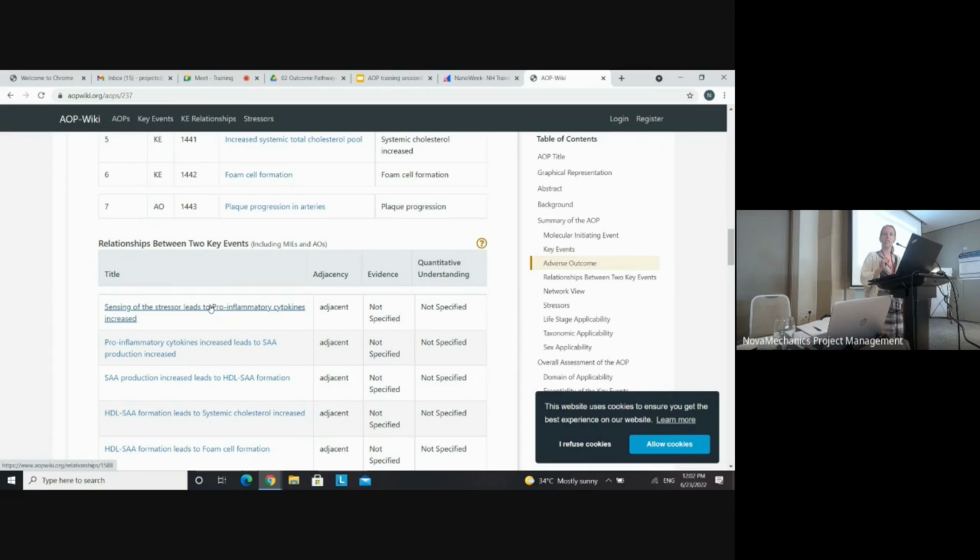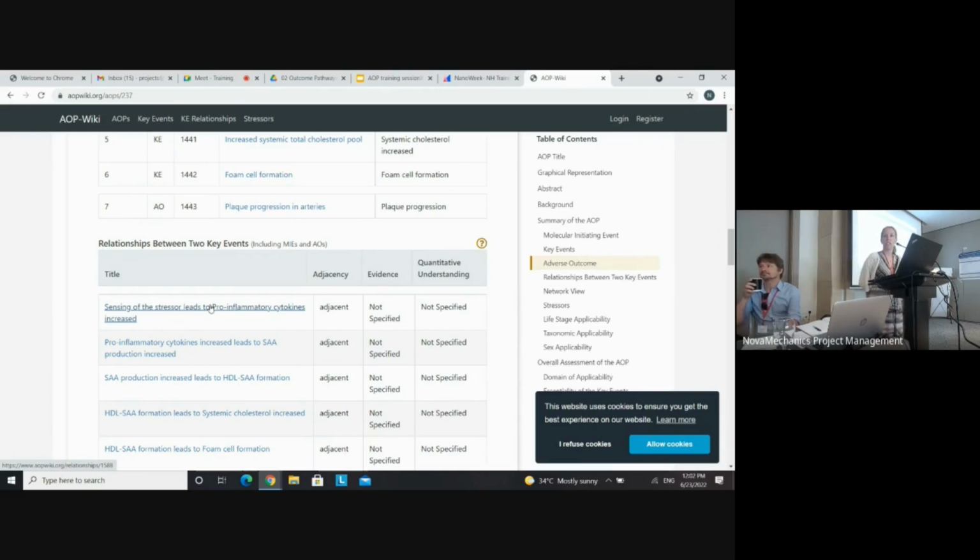And then the next question is, are you going at a certain moment to put it into a new status, not under development, so that now it's citable? Or is there a process? It's a matter of funding. But it's also a matter of process, that you have to make a very comprehensive description of all the key events and the key event relationships, and then they are reviewed, and then you have to defend and review again, and then the OECD will endorse.